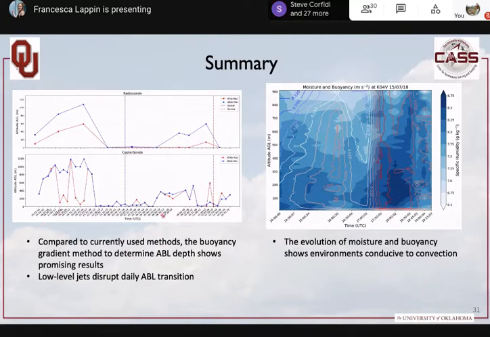And also we can see that there is a disruption in the typical ABL transition as a result of the low-level jet. As for CI, it's not necessarily that we found a precursor, but we've found differences in how the environments evolve and which leads to preferential convection in one area versus the other.